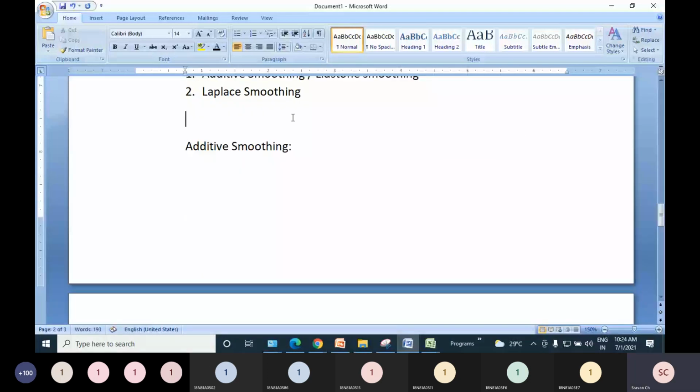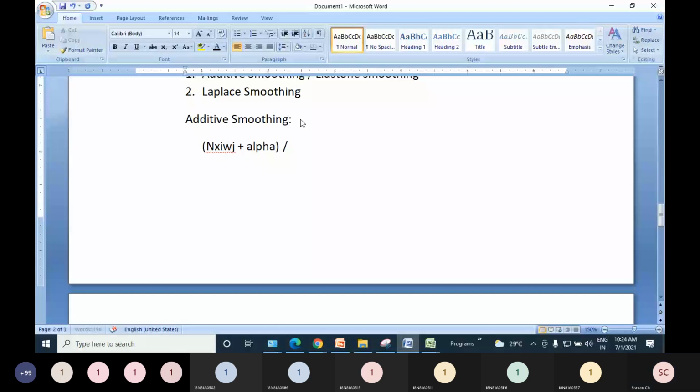So the formula is n(xi, wj) plus alpha. Actually, I should represent it with a mathematical symbol, but I don't want to waste time inserting symbols now.